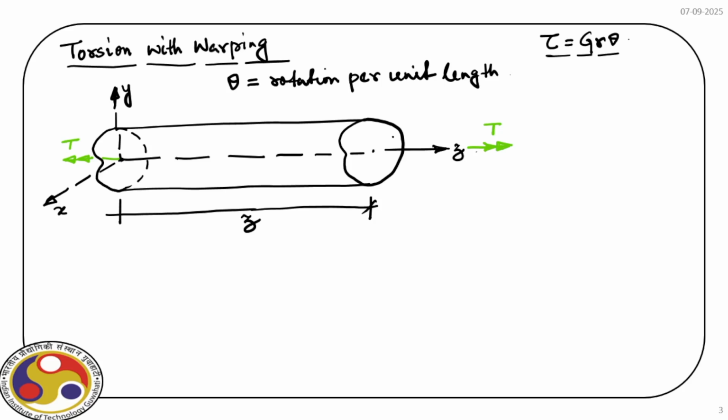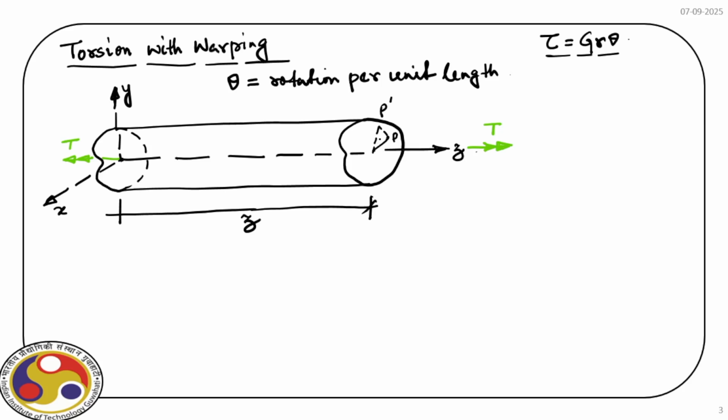Now, if we consider the section at Z, here, and let us consider a point here, let this point be P. Because we apply this torque, this point will rotate and come to a new position, and let that position be P prime.